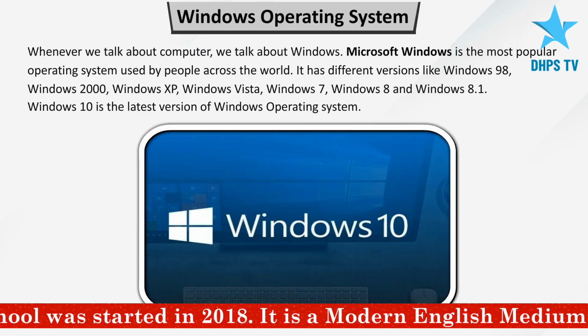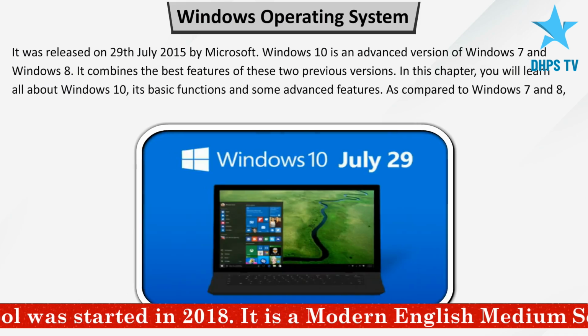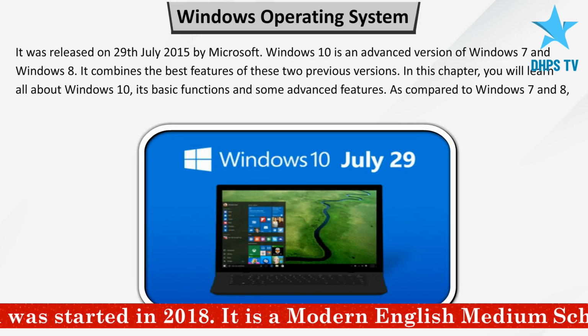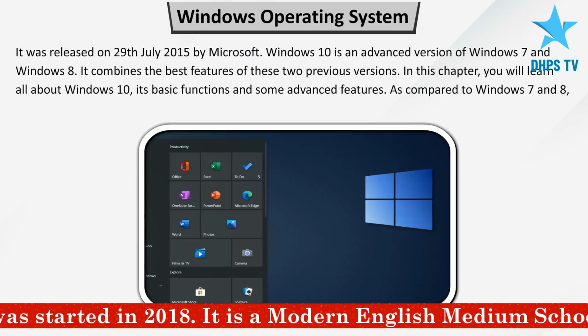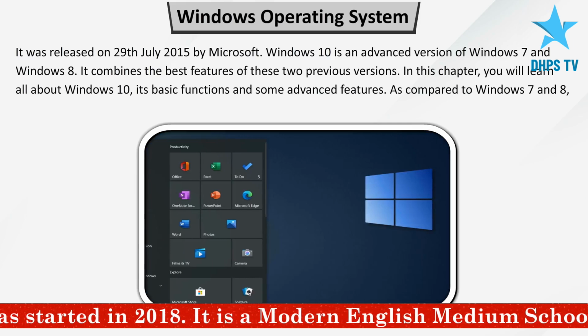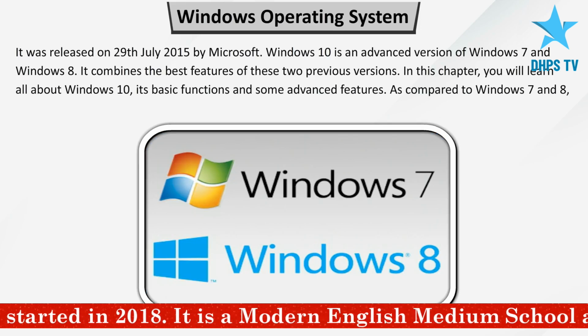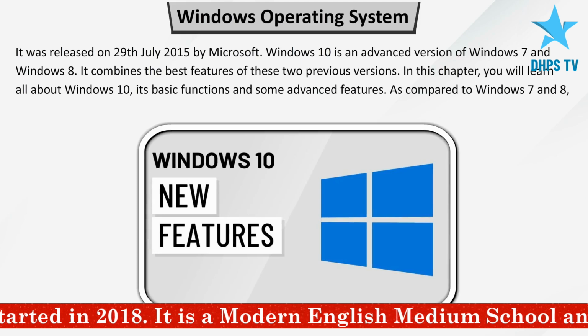Windows 10 is the latest version of Windows operating system. It was released on 29th July 2015 by Microsoft. Windows 10 is an advanced version of Windows 7 and Windows 8. It combines the best features of these two previous versions.